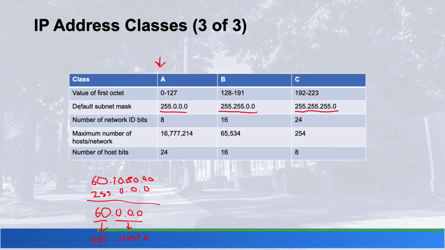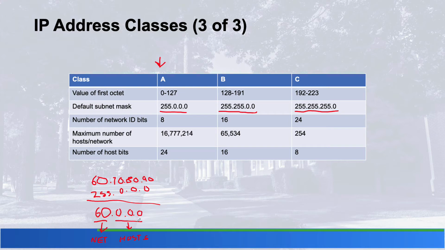So that is a Class A network. You'll run into problems like, they'll ask you a question: how many hosts can a Class A network have? The way to figure that out is to figure out what number we can count up to with these bits here. Remember, each one of these octets is 8 bits.